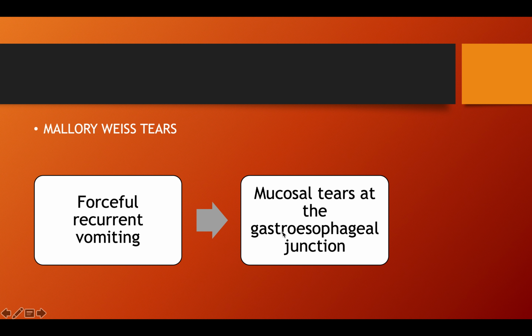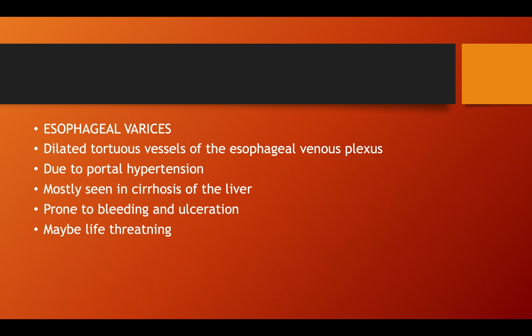What's going to happen is at the junction where the esophagus meets the stomach, there's going to be tears. The mucosa is going to tear at that point. Because of that, there's going to be bleeding and other symptoms. It's not much of a big deal, but yeah, they're known as Mallory-Weiss tears.